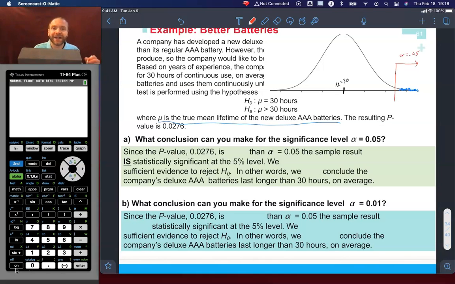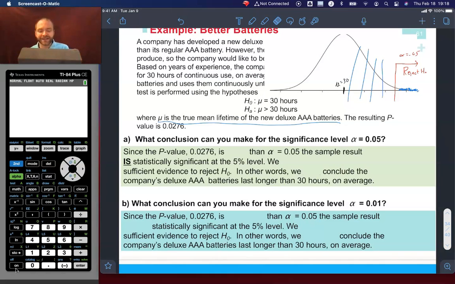If it falls in that area, we are going to reject the null. So anything less than that 0.05, we're probably going to reject the null. Anything that is greater than 0.05, that would be area way over here.